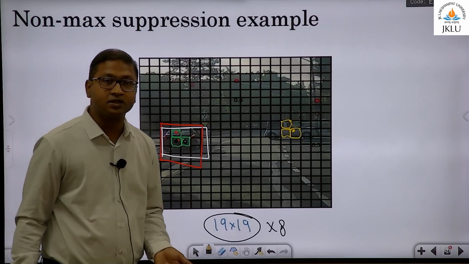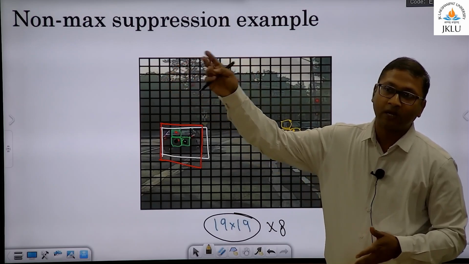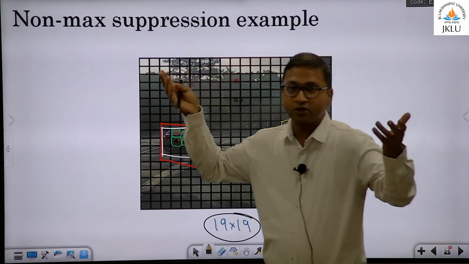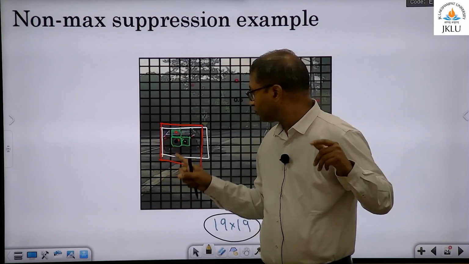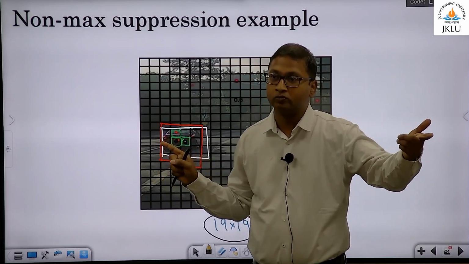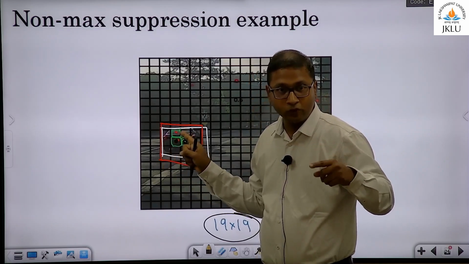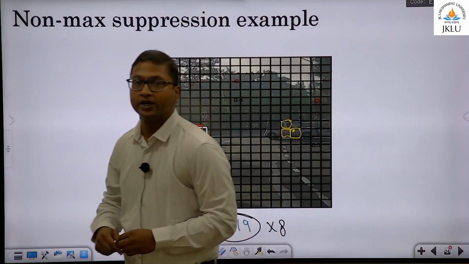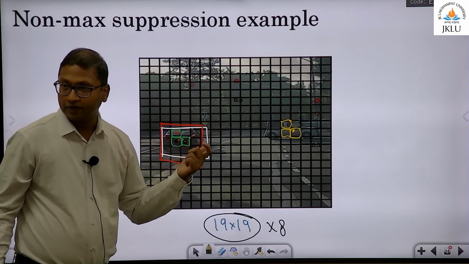Now in this case you might end up giving up on one car because IOU will certainly be greater than 0.5. So let's say for this grid PC is 0.9, for this PC is 0.92. When you take the IOU for these two, you will take 0.92 and discard 0.9. So if two objects are close enough, we are not there yet.